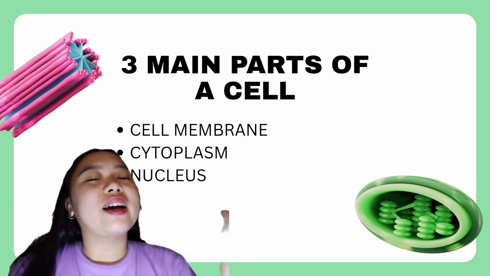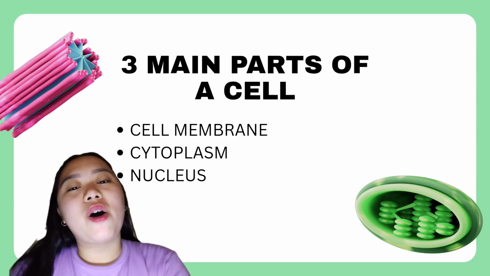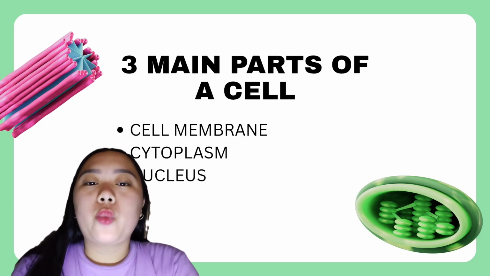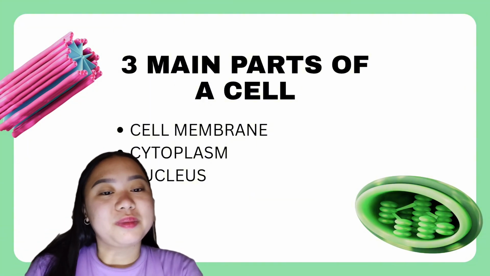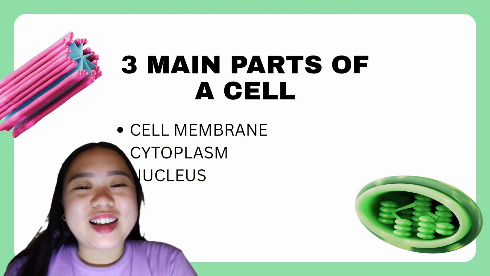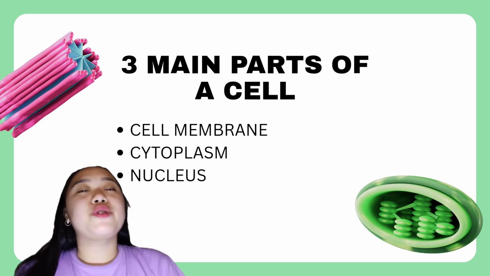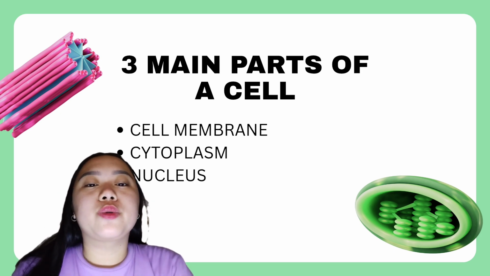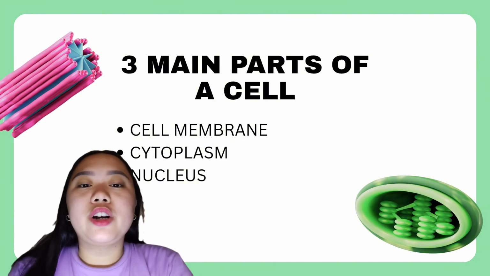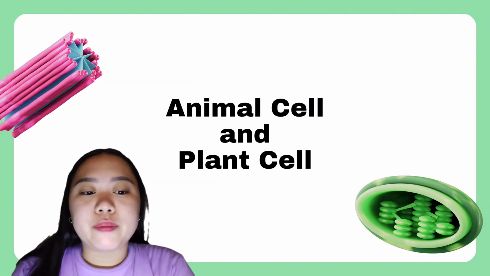Okay, very good. Correct. It is the nucleus. For the last question, what part holds the cell? Okay, very good. It is the cytoplasm. Before we proceed, please remember this: all cell parts work together to keep the organism alive.